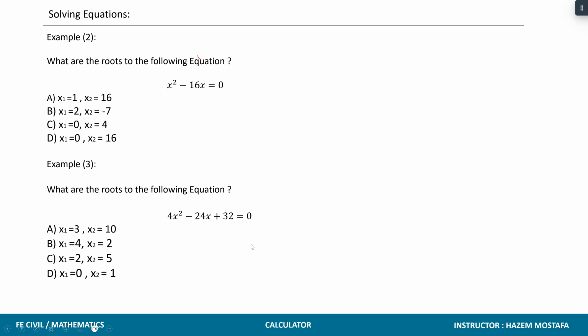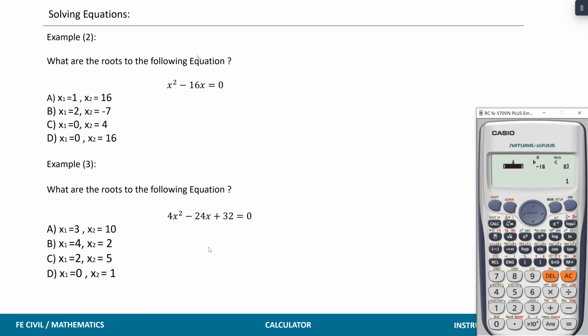We're going to solve another one on the second degree equations. Example 3: 4x squared minus 24x plus 32 equals 0. The coefficient of x to the power 2 is equal to 4, so we're going to insert 4 here, and the coefficient of x is -24, and the constant is 32.